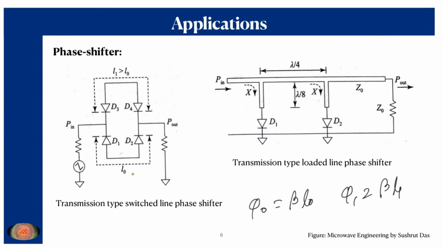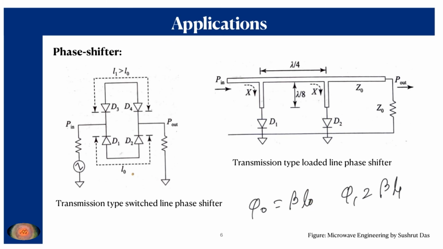But in the case of microwave frequencies, as we know, the dimensions of the devices become comparable with the microwave wavelength. Therefore, when the microwave signal traverses a path either from this direction or from this direction, the path length becomes equivalent to some phase, the product of the phase constant times the path length.